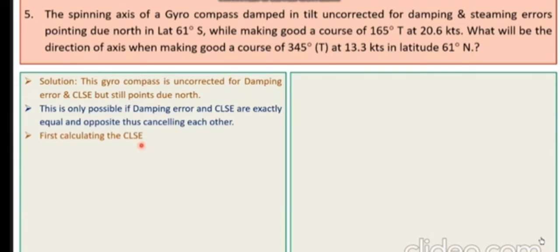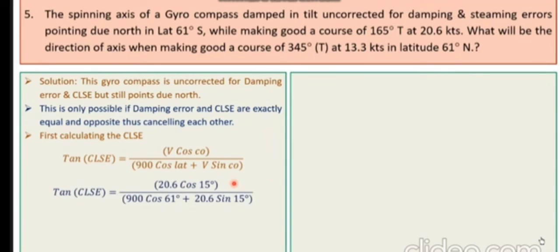We have all the information available to us for calculating CLSE. The formula: tan CLSE is equal to V cos C divided by 900 cos lat plus V sin C. We have a positive sign here because the course is 165 degrees true, which is an easterly component course. It's a southeasterly course.